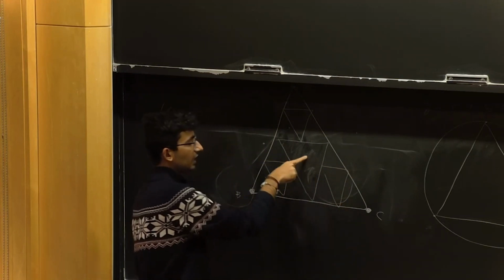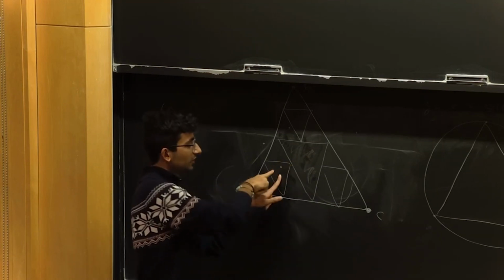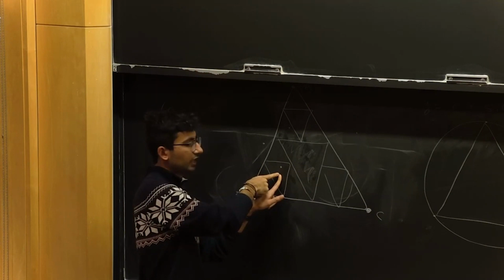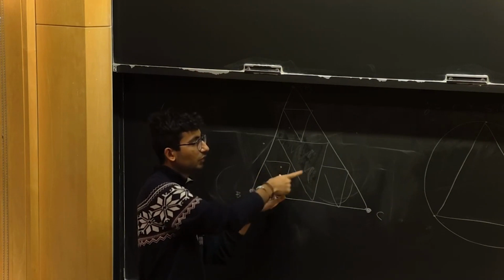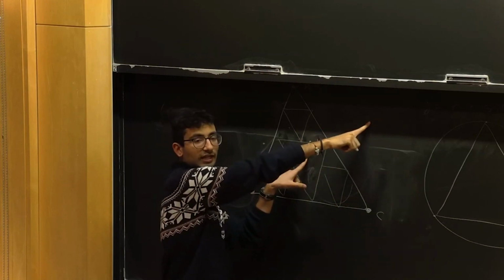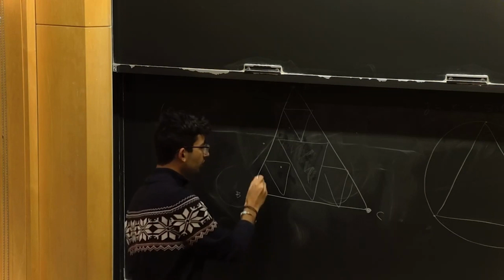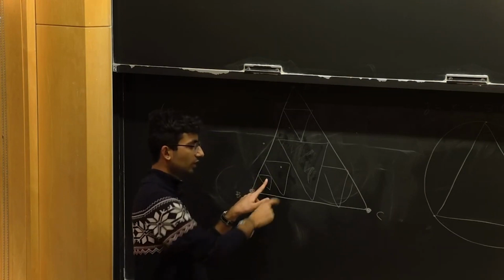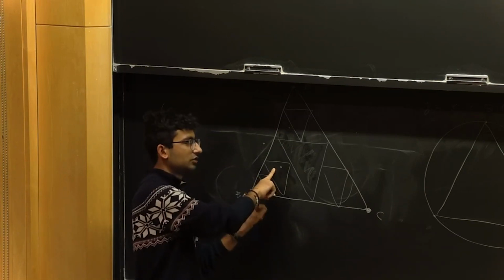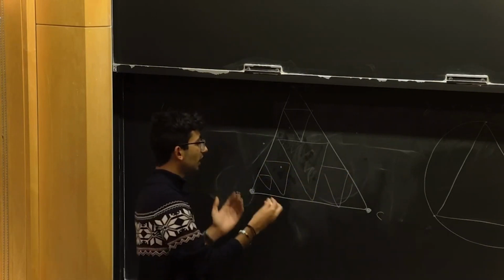Because you cannot get anywhere in here, because to get within this smaller triangle here, you would have had to start within this big triangle. And to get within this big triangle, you would have had to start outside of our triangle, which we know isn't possible, right? And in order to get within this triangle here, you would have to start within this triangle, which would require you to start here, which would require you to start out here.